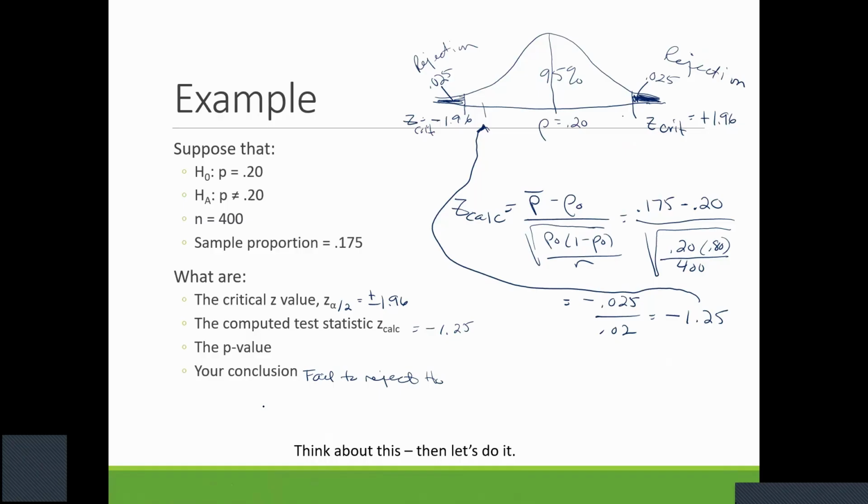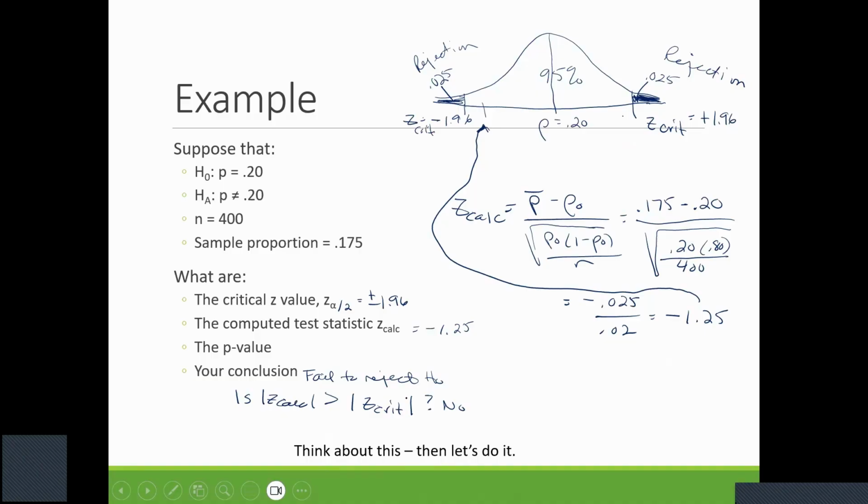Now there's a rule for this too, which is: is the absolute value of z calculated greater than the absolute value of z critical? And here the answer is no, because the absolute value of negative 1.25 is not greater than, in this case, the absolute value of negative 1.96, because it's off to the left.